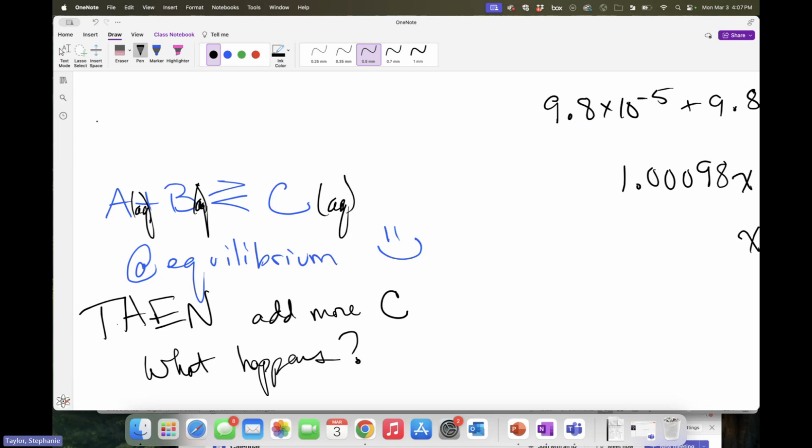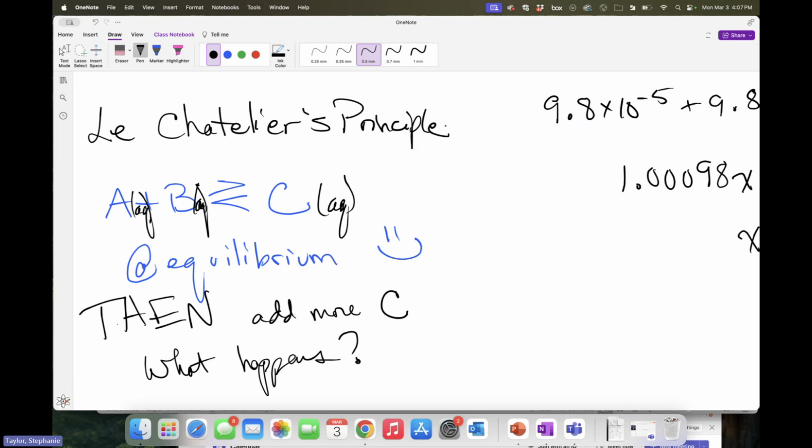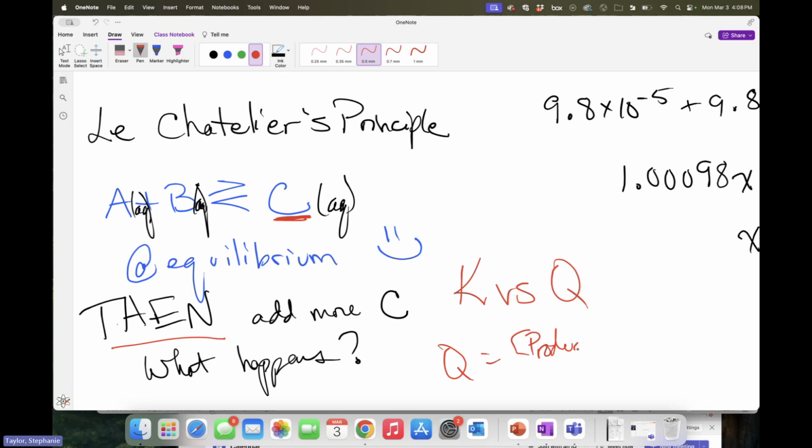When we talk about Le Chatelier's principle, we're basically saying if we were at equilibrium, but then we change it, what happens? It was at equilibrium, then we add more C, we increase the amount of C. Keep in mind, essentially what we're doing is changing Q. Q is again my products over my reactants.